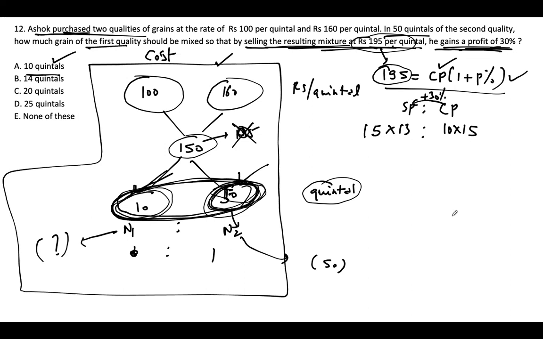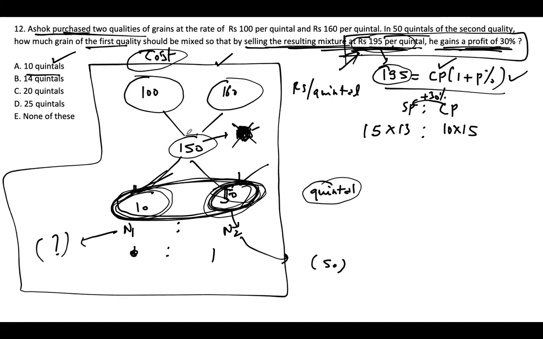You have a mixture of 2 qualities that you have purchased, with respect to your cost price. You are mixing both of them and you're selling that mixture at 195. This is with respect to cost, that is why you can't write a 195. And the reason this information is given is to find the cost price.